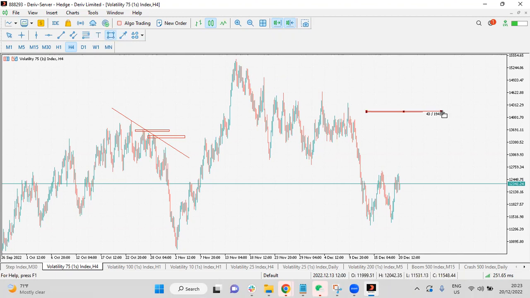Let's say the market is forming something like this, and so when you see the market forming something like this, it's forming like stairs that are ascending, and the opposite is true.